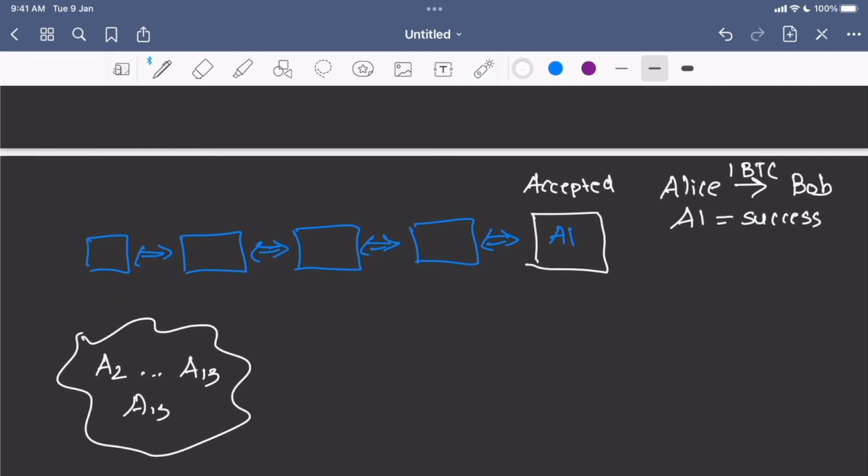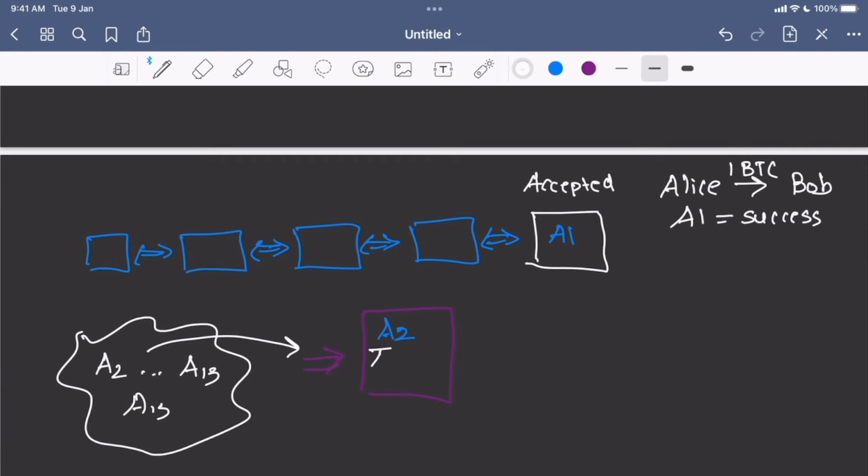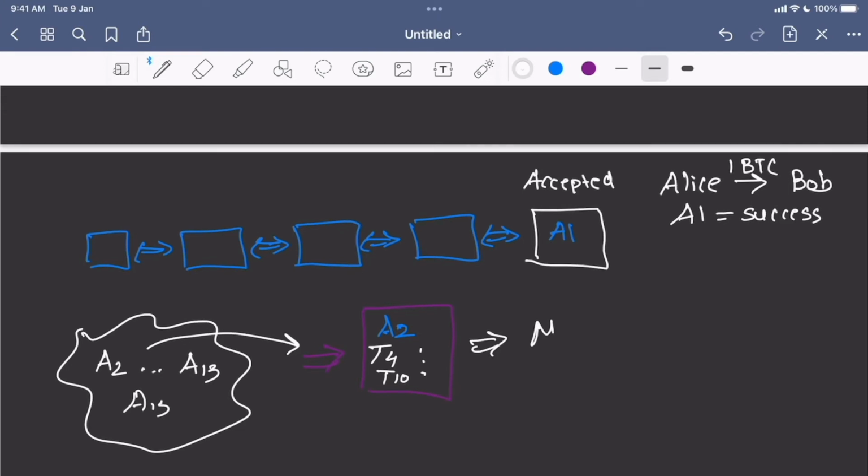Now let's say at some instance after this, A2 was picked up by another miner. He picked up A2, some other transactions T4, T10, something like this. Now if he mines this block successfully, and then when it is broadcasted, nodes will reject this one.